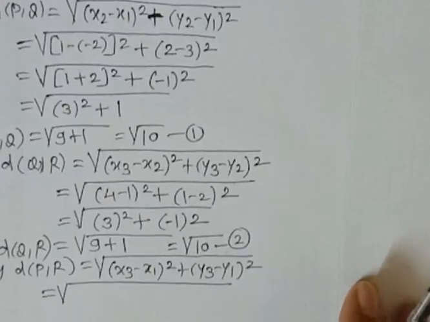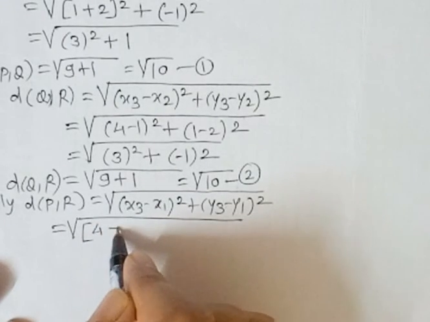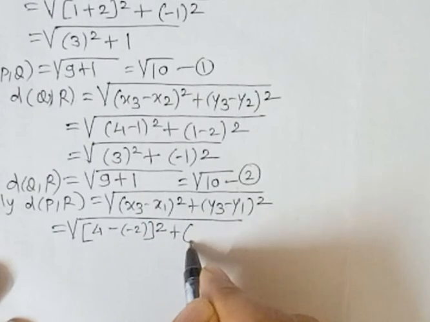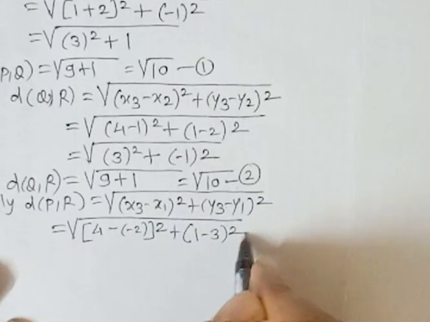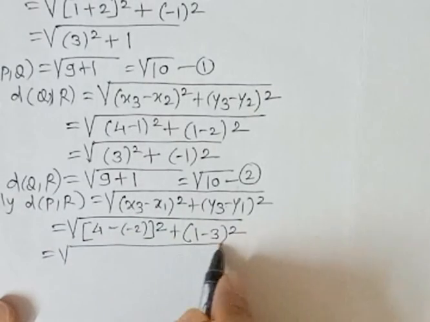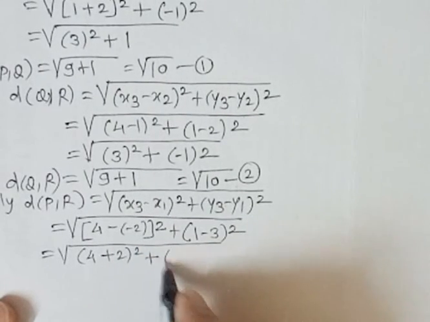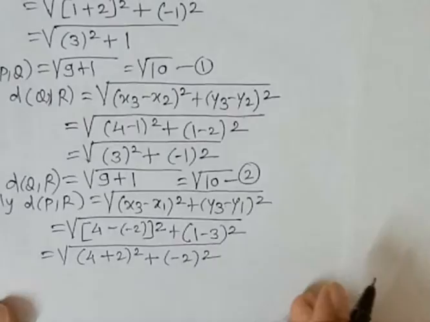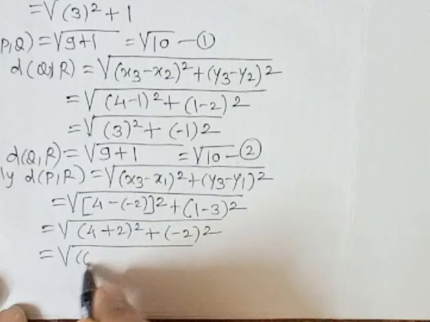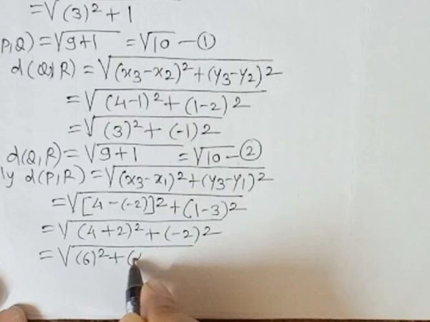So (4 minus minus 2) whole square, that is 4 plus 2 whole square, plus (1 minus 3) whole square, which is minus 2 whole square. 4 plus 2 is 6 square plus minus 2 square.